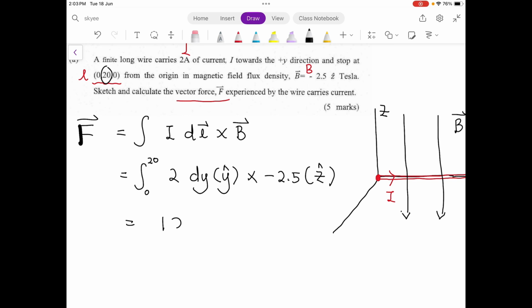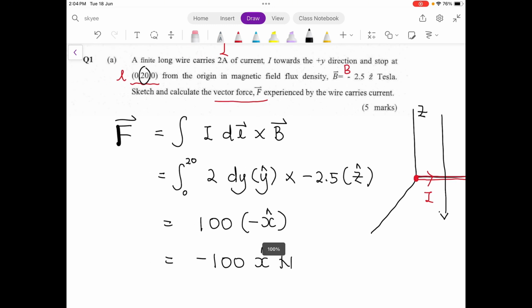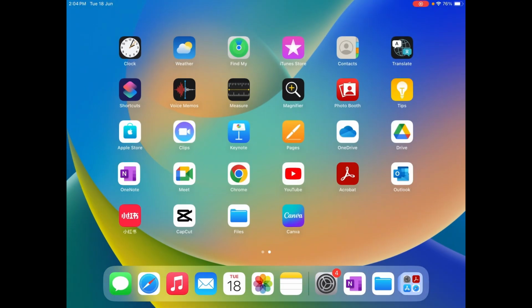So y cross z gives negative x direction. The answer is negative 100 x newtons. This will be the force acting on the current filament. Okay, go to the next question.